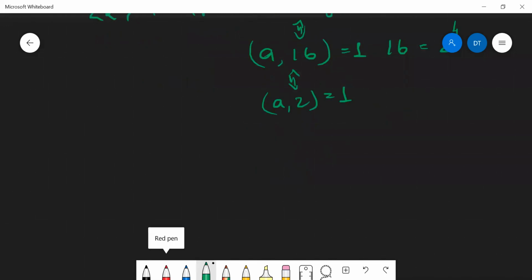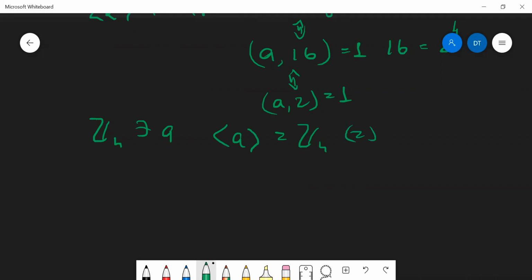So in general, this is a general claim, which means that if I take Zn, and I take an element A, so the element A generates the whole group if and only if A and N are co-prime.